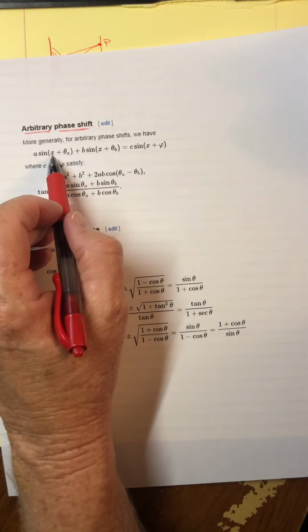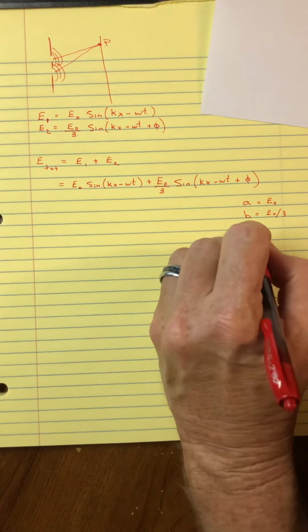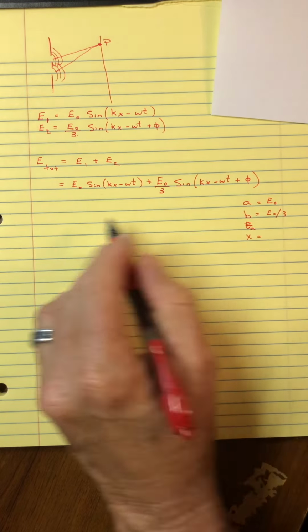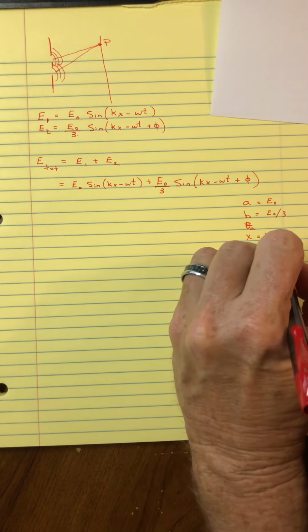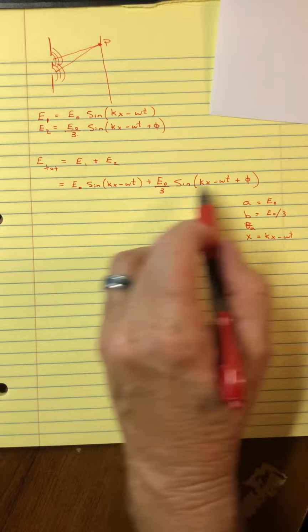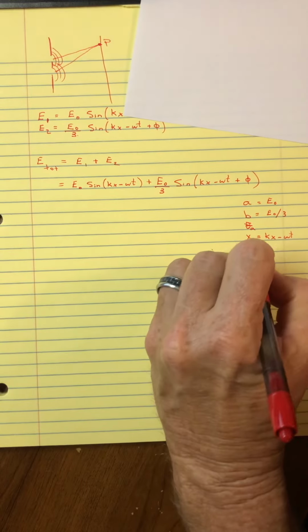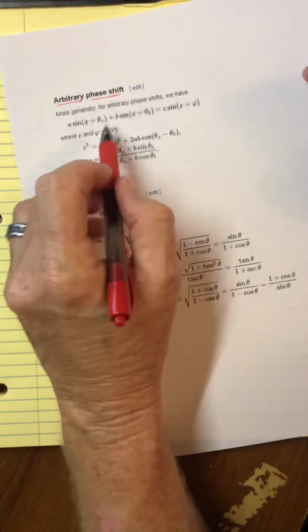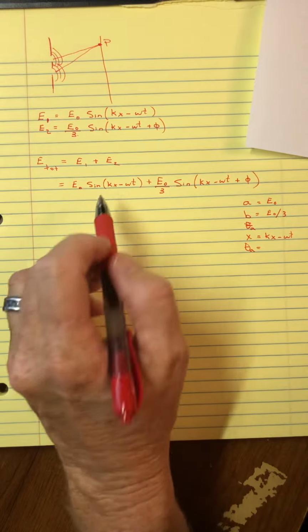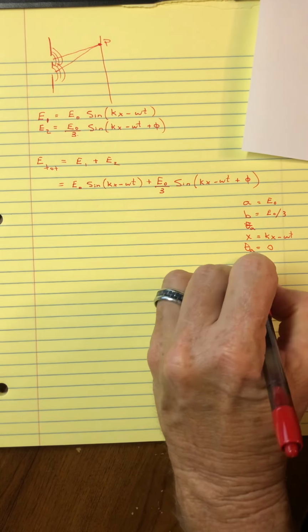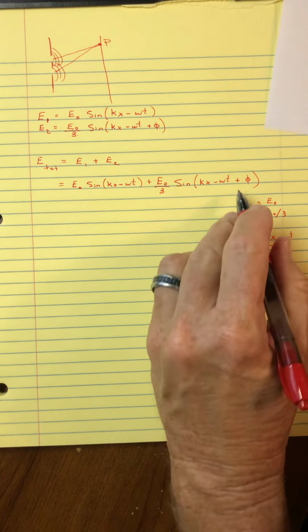And why don't I call the x the kx minus omega t, so they both have that piece of the puzzle. This theta a doesn't even exist here, so that I guess would be 0. And theta b would be my phi.